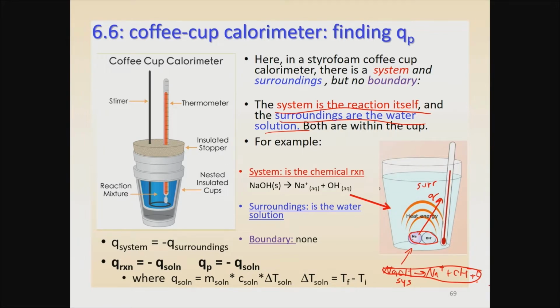And so one thing we note here is that, as before, the heat of the system, or heat, is Q, is equal to the negative heat of the surroundings. So we can substitute the chemical reaction to be the system, and we can substitute the water solution to be the surroundings, so I've written that.